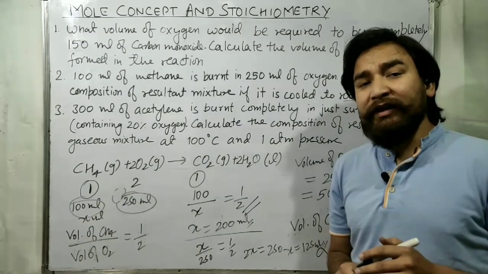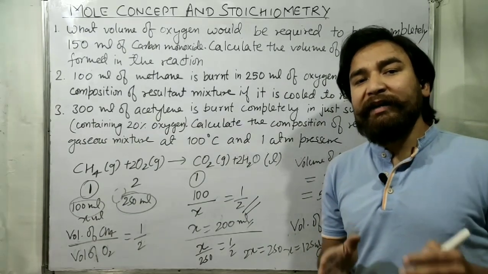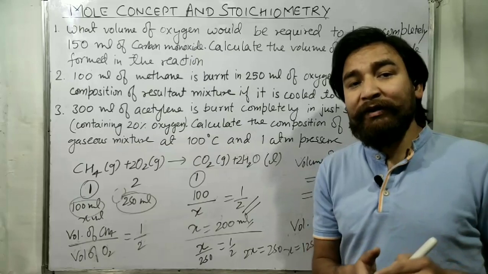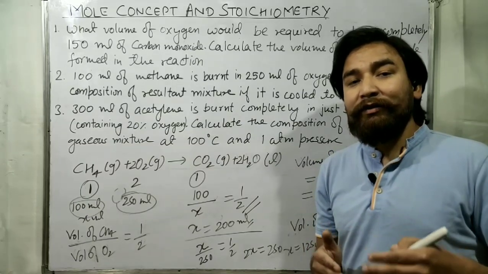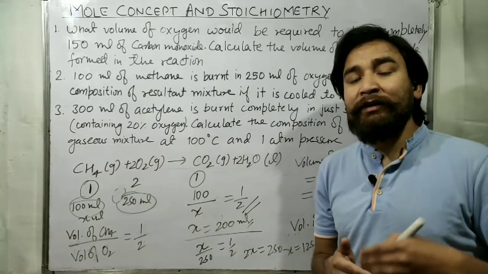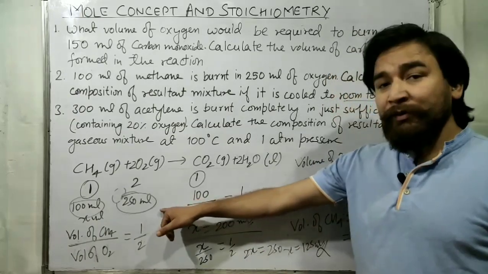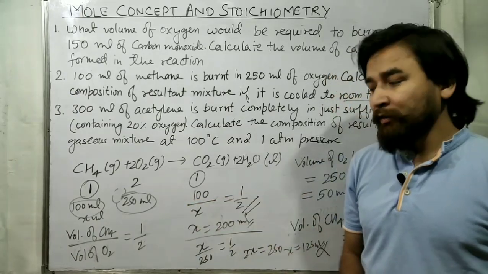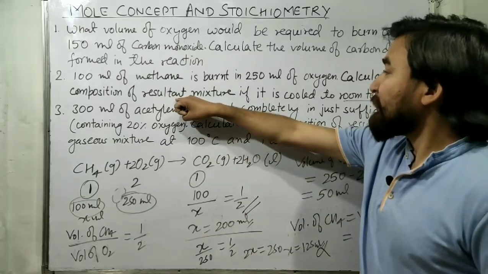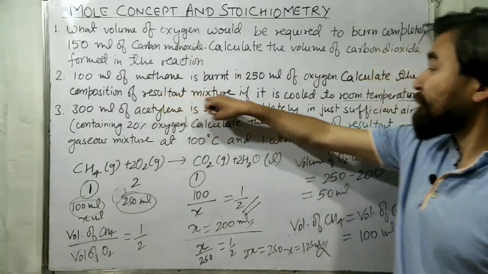However, after the reaction, some amount of reactants may be left, but we cannot have the amount of a reactant more than the amount given to us. So hope you have understood this question. Now what is asked is to calculate the composition of the resultant mixture.